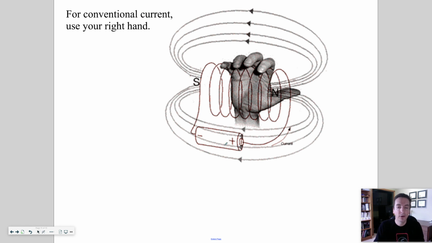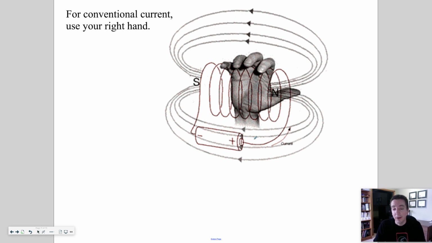For conventional current, another diagram I found somewhere, use your right hand. So we're not going to test you on conventional current because it's not part of the curriculum. However, if you're doing Google searches or watching YouTube videos, sometimes IB especially, they talk about conventional current, and don't get confused, because they'll be using their right hand instead of their left hand.